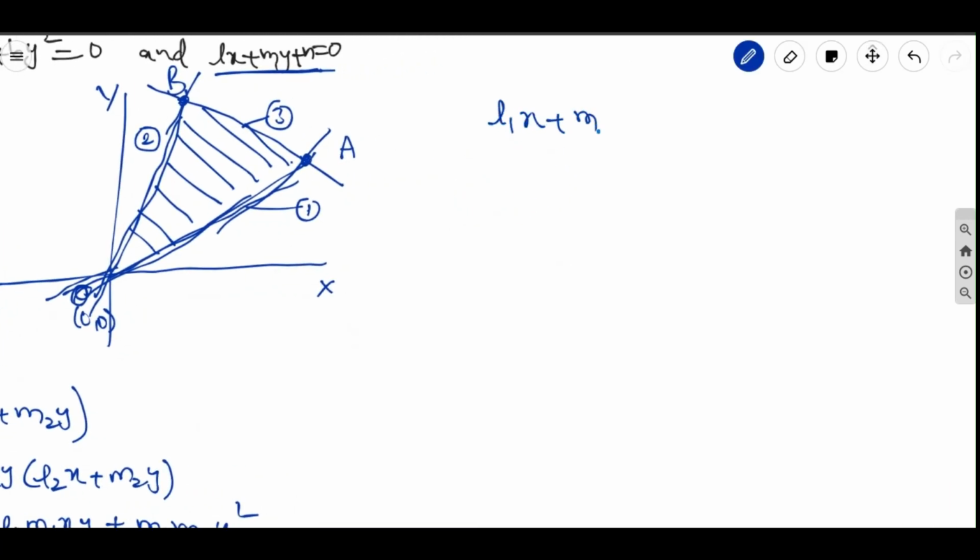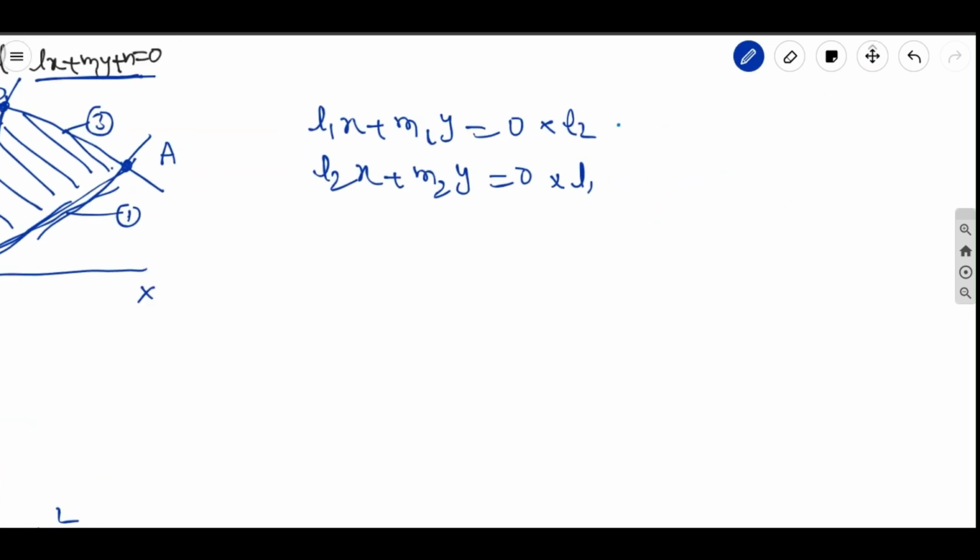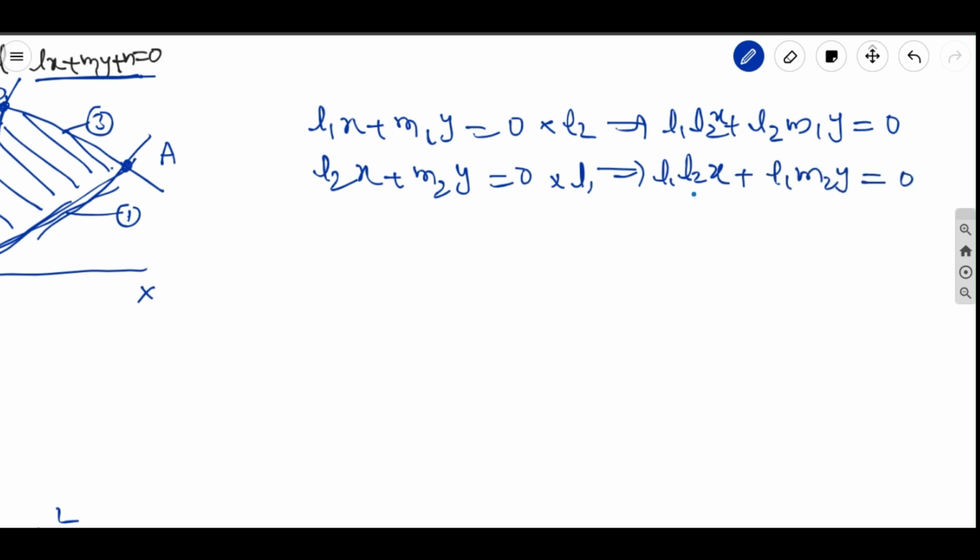L1x + M1y = 0 and L2x + M2y = 0. Here, multiply the first with L2 and the second with L1. Then it becomes L1 L2 x + L2 M1 y = 0 and L1 L2 x + L1 M2 y = 0.